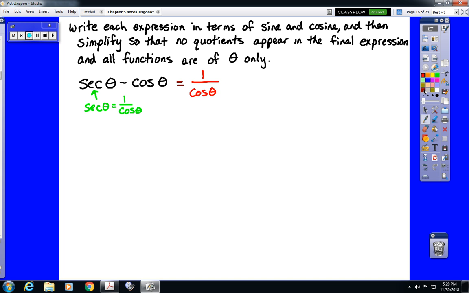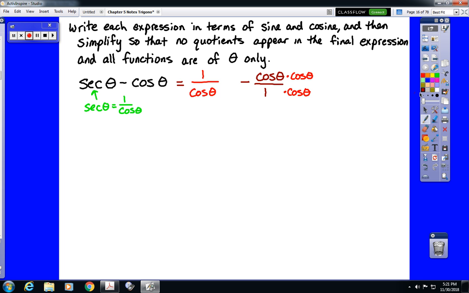I'm going to leave myself a little bit of room to work, and then I'm going to write cosine over 1 so that it's a fraction and we can see what we need to do. We need to get a common denominator to combine those two fractions. So when we do that, we need to multiply the second fraction by cosine to get a common denominator, which means we also need to multiply the top by cosine.